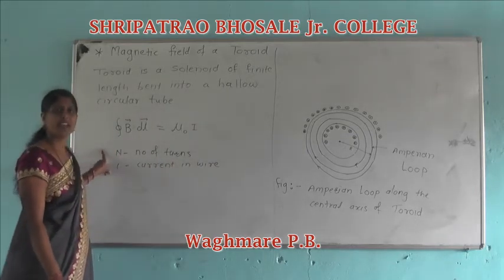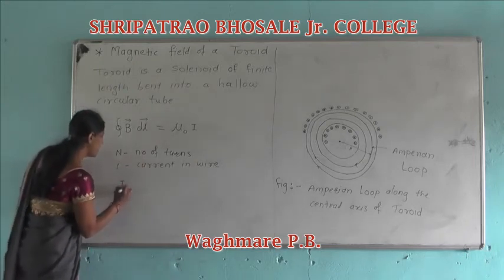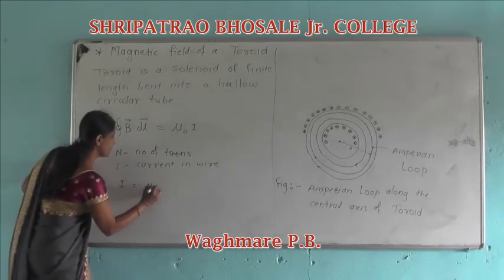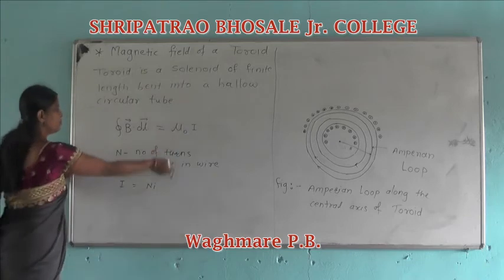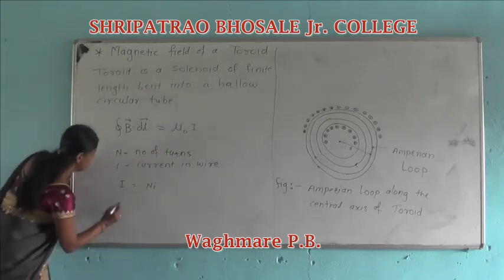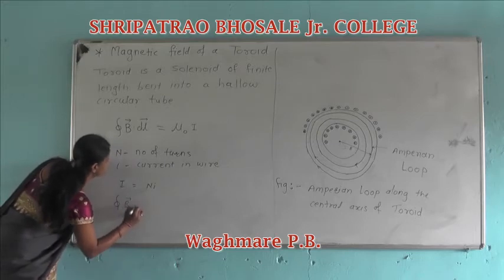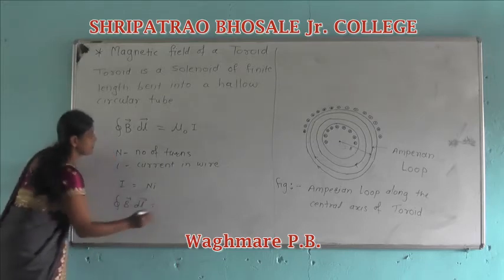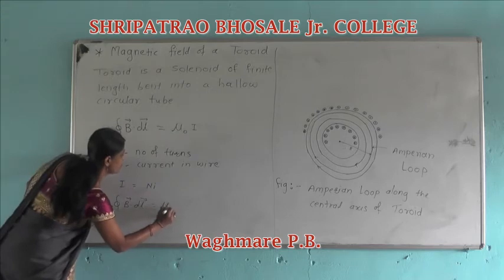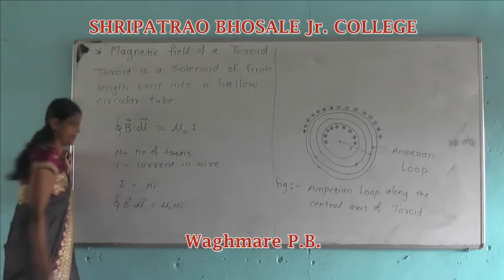Therefore, we can say the current I is equal to N into i. Putting this value in this equation, we get the closed integral of B dot dl is equal to mu naught N i.